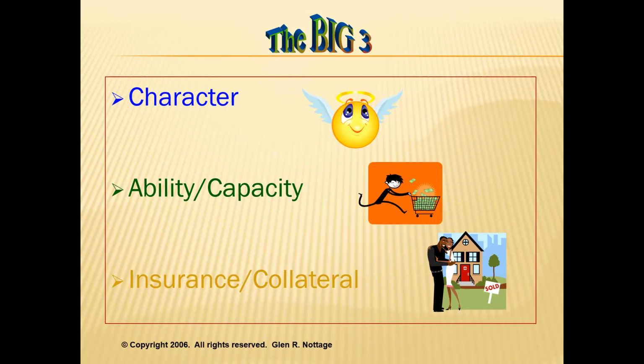So those are the big 3, the main 3 items that you can use to make an assessment. Even though we have all those other things in COMPARI and the credit C's, these three are your basic components. If you get these down pat, you should be able to make a solid assessment for a loan application.